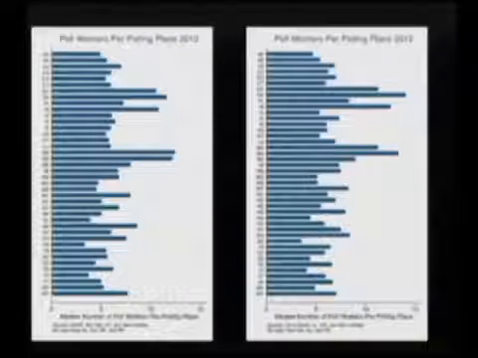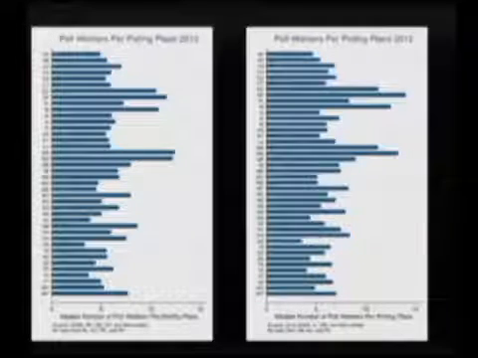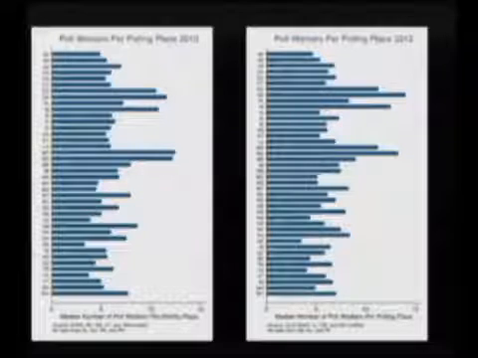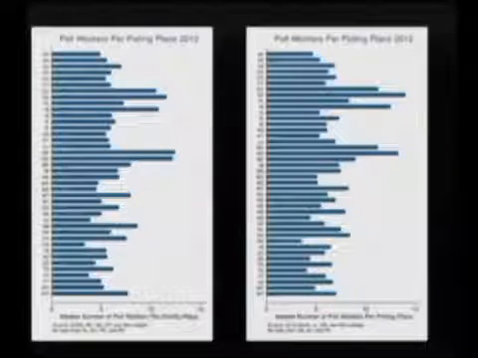Okay, let's look at some metrics from the states on how poll workers are deployed. This will be a little tough to see given the size of the screen. This is from the EAVS. It's the number of poll workers per polling place in the last 2 federal elections. This is the median number in the state. The typical number in a state is about 5 or 6 poll workers per polling place.